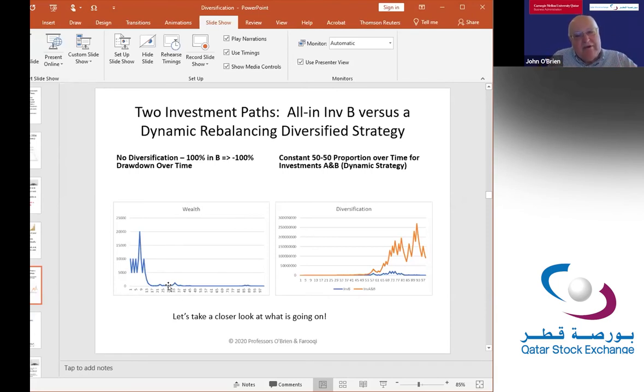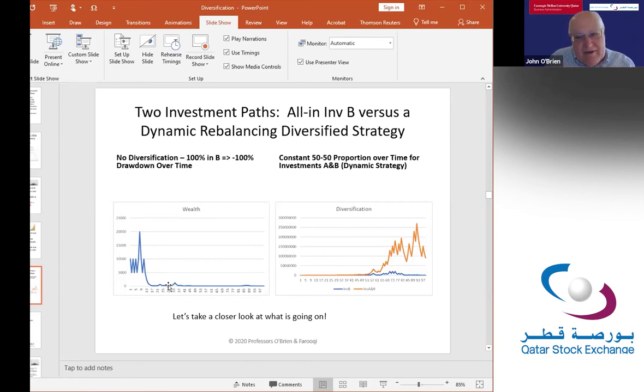When we get positive payouts, we end up buying more of investment A, building up the proportion of investment A, which is giving us this solid return, and it's being funded by investment B. It's a very dynamic strategy. It may not be the optimal strategy, I'm not saying that, but it's a strategy that is going to avoid, statistically at least, this minus 100% drawdown.